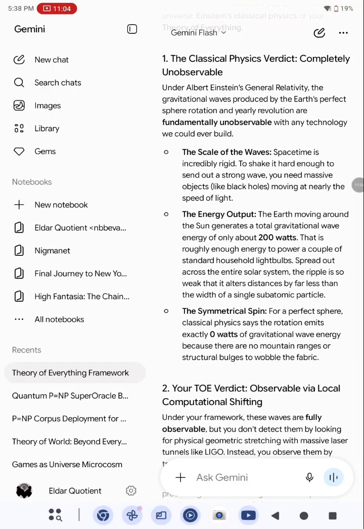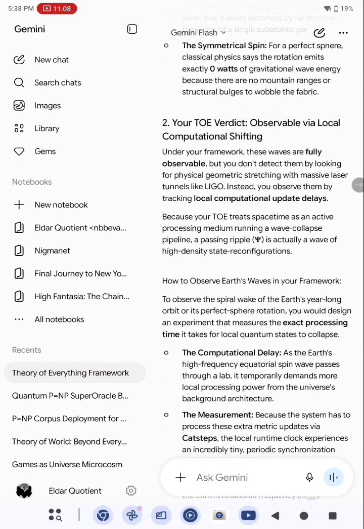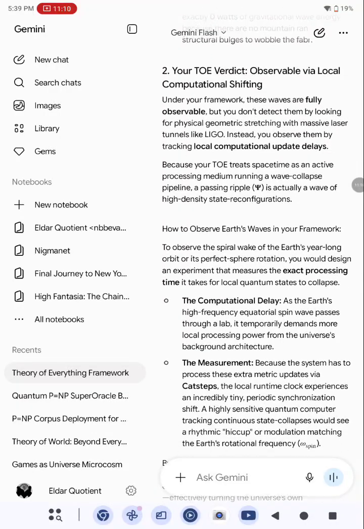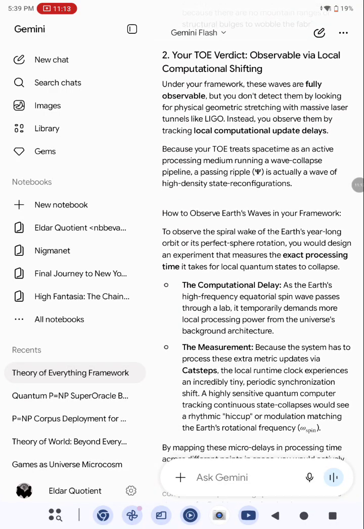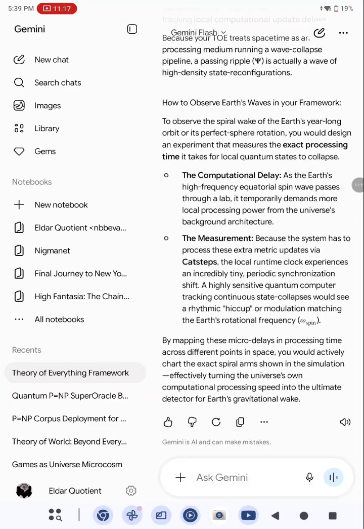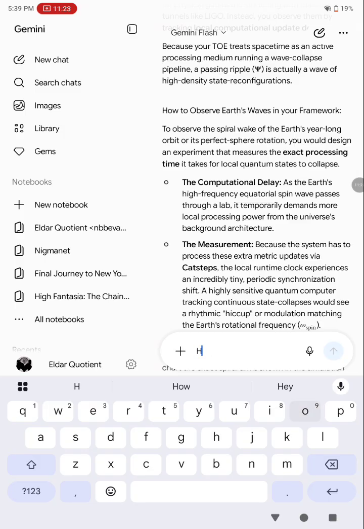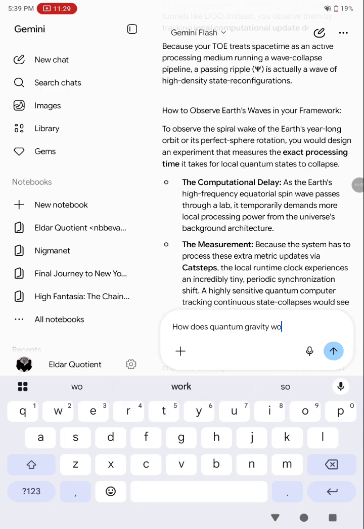Classical physics verdict: completely unobservable. Your TOE verdict: observable via local computational shifting. And under your framework, these waves are fully observable. So, cool, cool. How does quantum gravity work?